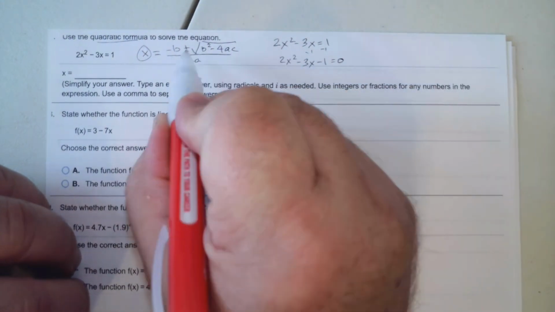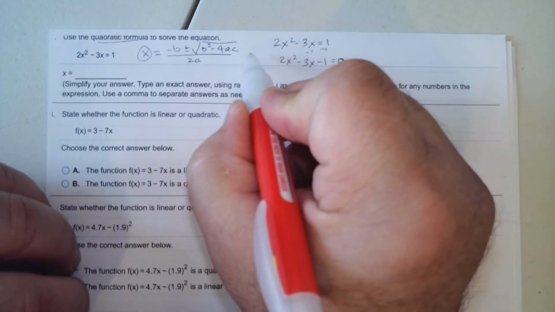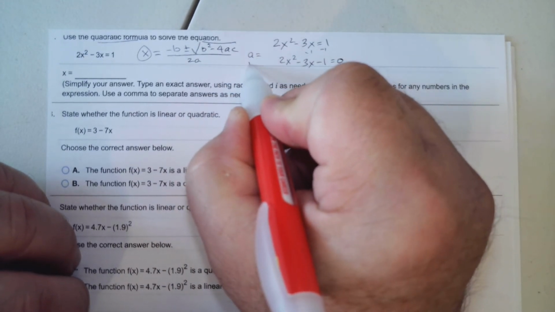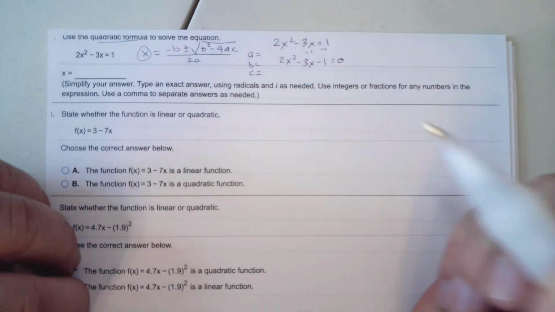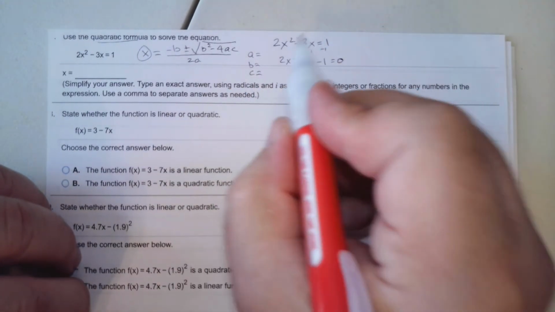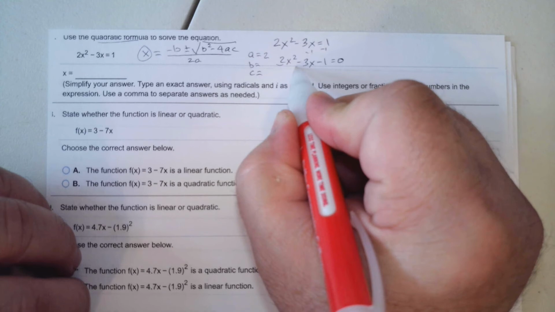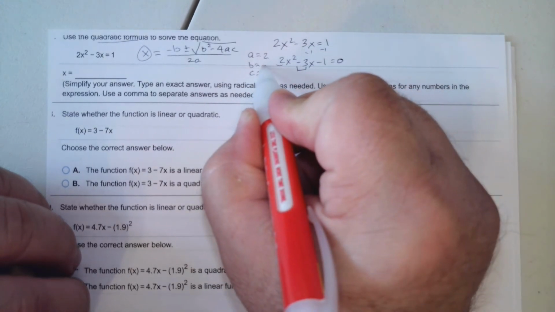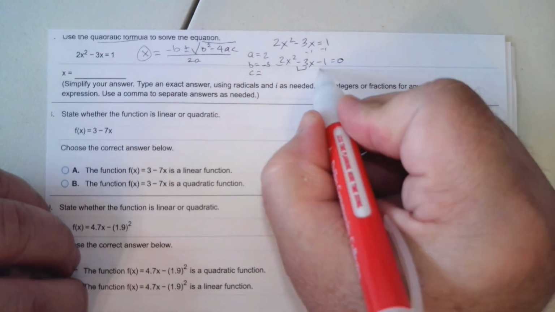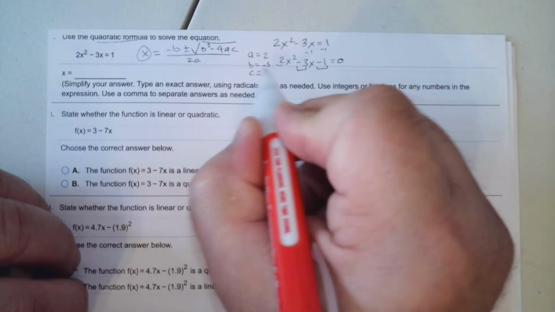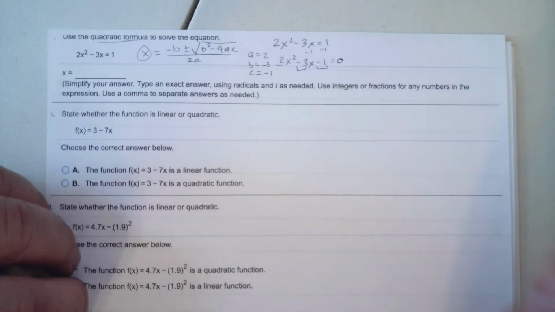Then, because we have to use this formula, we have to label A, B, C. Since it equals 0, A is 2, B is negative 3, the sign belongs to the number, and C is negative 1.